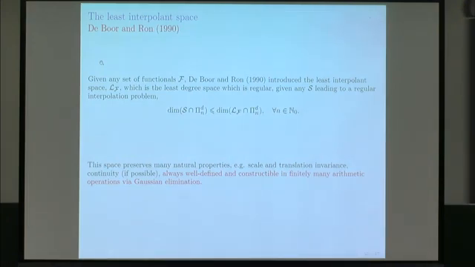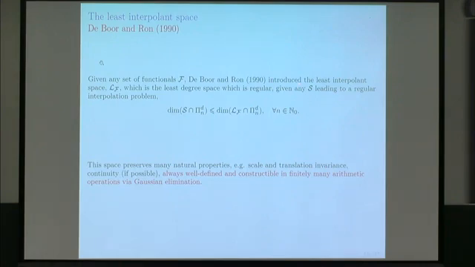It turns out that the space we need was exactly the least interpolant space constructed by de Boor and Ron in 1990. Given any set of linear functionals F, they introduced the least interpolant space, L_F, and this is the least degree polynomial space that will give you a regular problem.